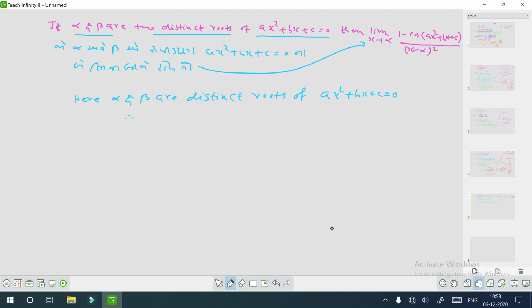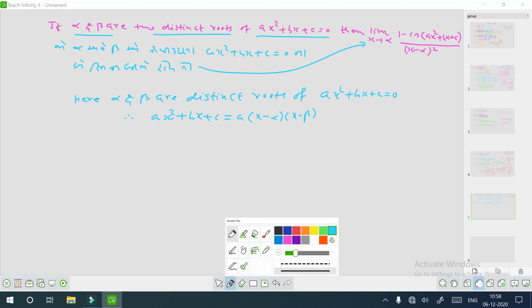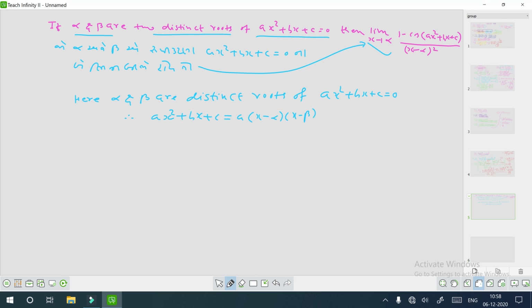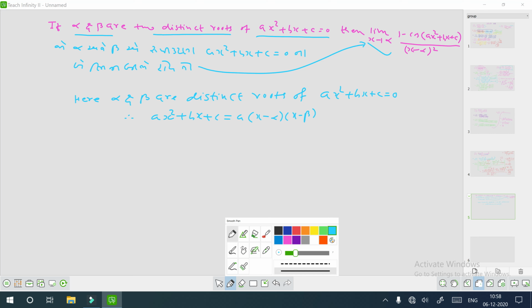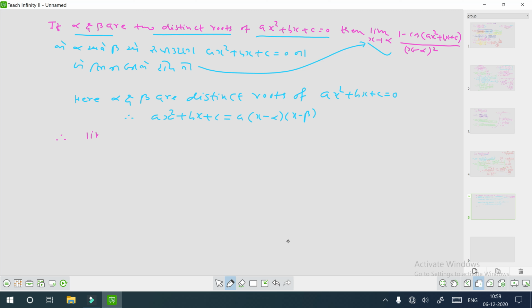So we can write ax square plus bx plus c is equal to a of x minus alpha into x minus beta. Clear? Now use this concept here for this one. Now we can start this limit. See here. And therefore limit x tends to alpha 1 minus cos.